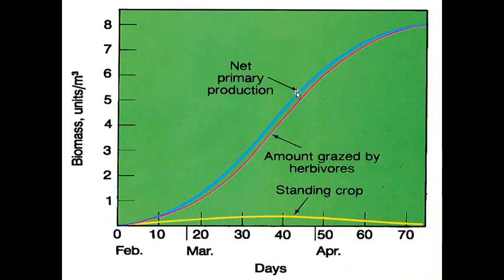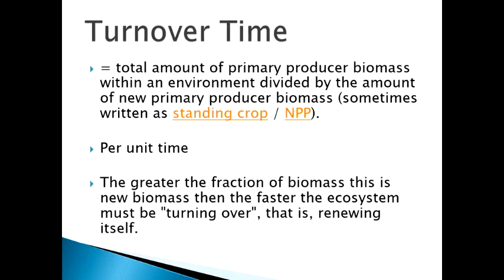If you take the amount of the blue line, subtract the amount of the red line that's eaten, taken away, what you're left with is the standing crop, and notice it's pretty low throughout. Almost all of the primary productivity gets gobbled up by those zooplankton as it's produced. We can then talk about what's called the turnover time, and you can calculate it out, but we're not going to do it here.